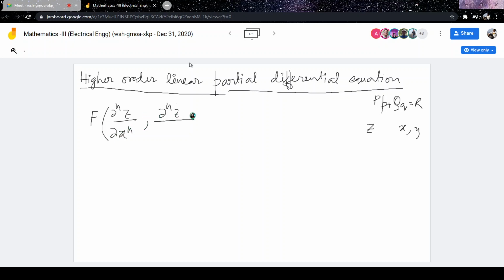It's a general nth order, and that will contain all types of terms, differentiation with respect to x and y.